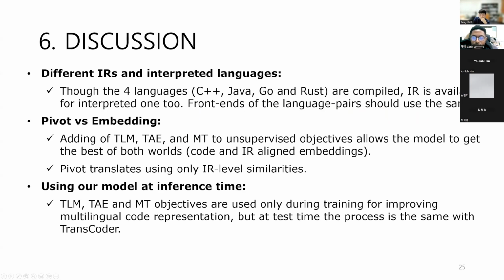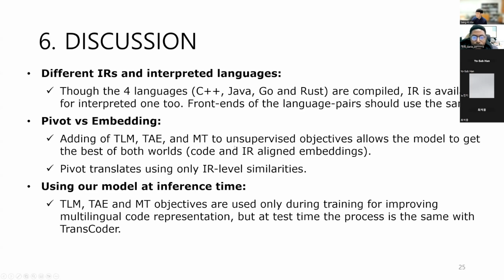But here we should pay attention. The language pairs for translation should have the same IR representation. They should have a uniform IR representation for translation. Another issue with this paper is about pivoting and embeddings.